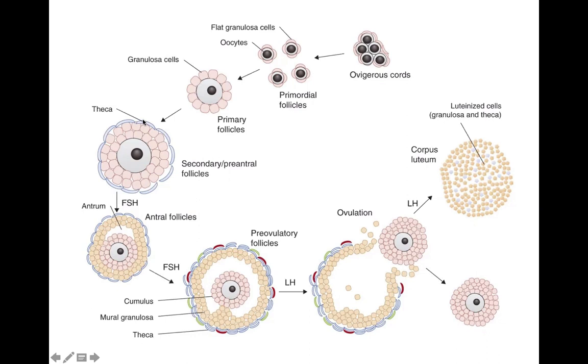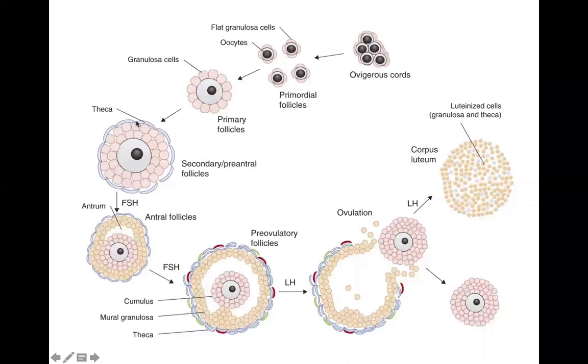The thecal layer is mainly responsible for production of estrogen in high amounts, such that they can have a negative feedback loop on the GnRH and LH. Initially, they facilitate, so they act at the level of the hypothalamus to produce GnRH, LH, FSH, which act on the follicles to produce more and more estrogen.